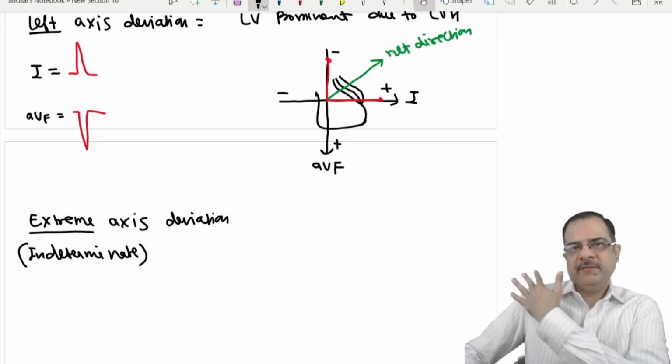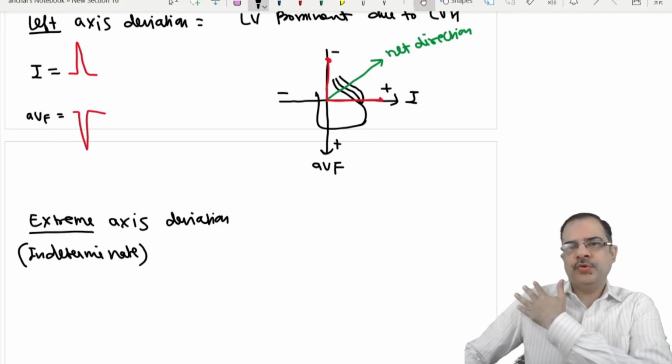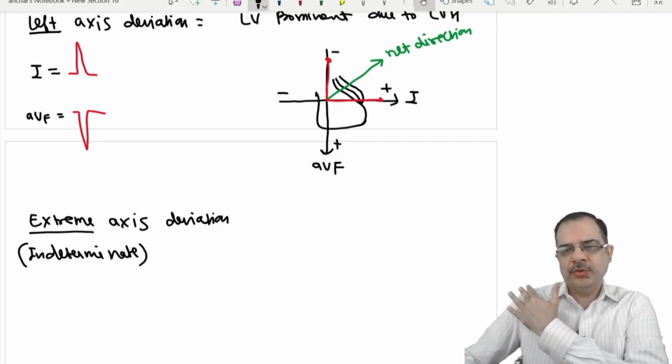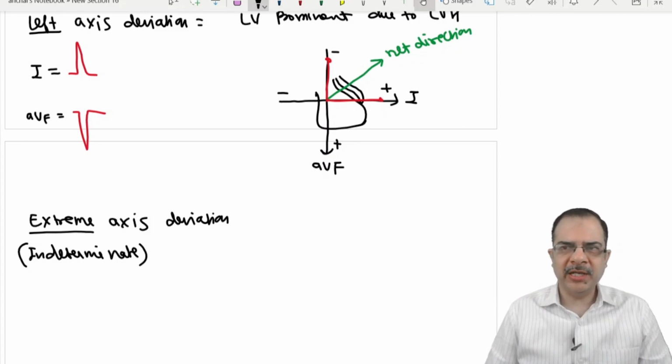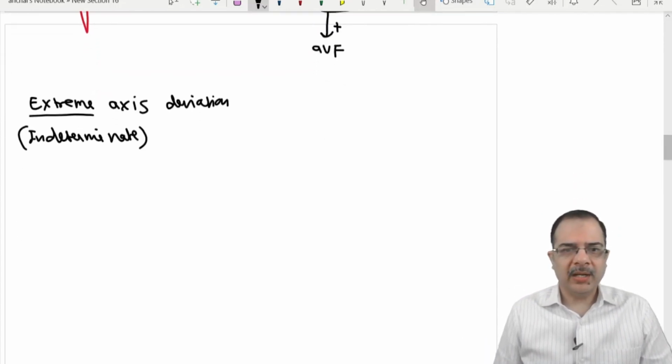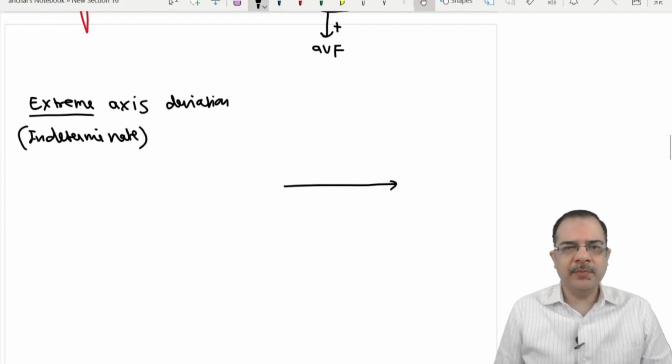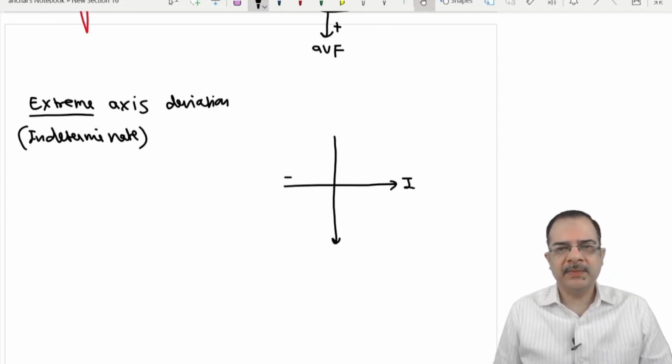So dextrocardia will cause the net depolarization towards the right shoulder. Towards the right shoulder, it will lead to this, or maybe the technician has placed the leads wrongly. So this will produce the direction of the depolarization like this, with lead 1 minus plus, plus minus AVF.